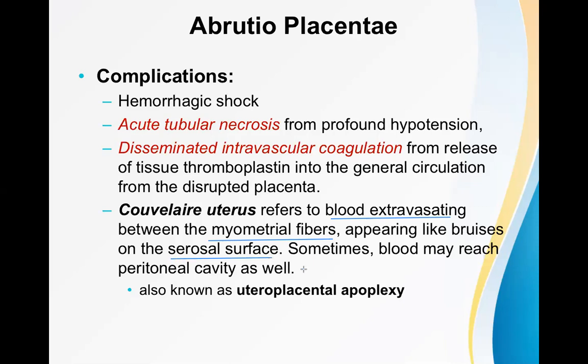In a very severe situation, the blood may even reach the peritoneal cavity by crossing the serosa. So this is a serious situation. This is known as Couvelaire uterus, and it is also known as utero-placental apoplexy. This is just another term.